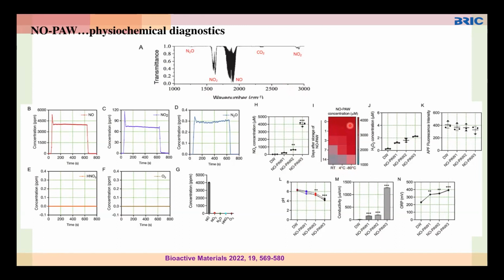We found if we store this nitric oxide water at -80 degrees, we can retain its concentration for a very long time, even for years. We personally tested in our laboratory. Even for years, the nitric oxide concentration can be maintained at -80 degrees. But at 4 degrees, a few weeks is okay. After that, it will reduce. But at room temperature, a few days are okay. And after a few days, it will reduce. So this is the aging data of this nitric oxide water.